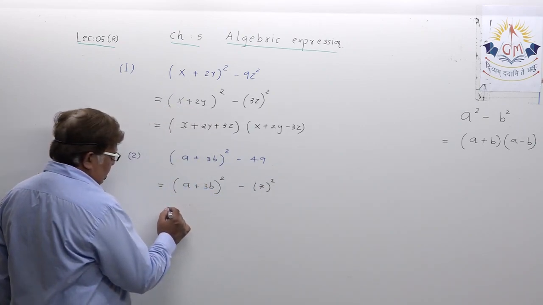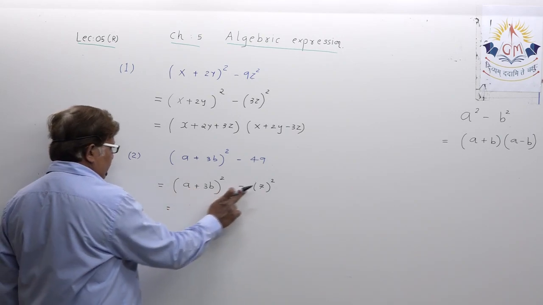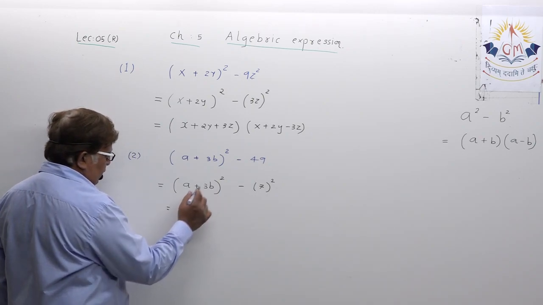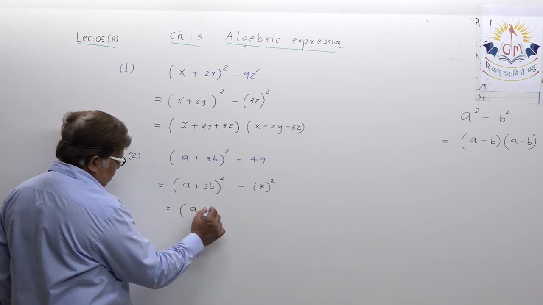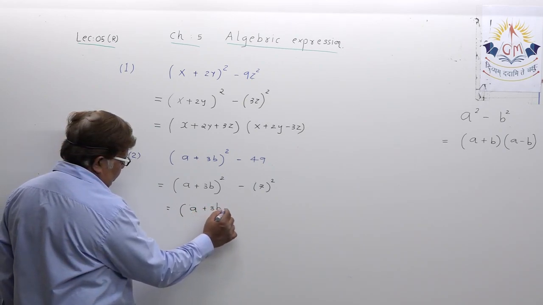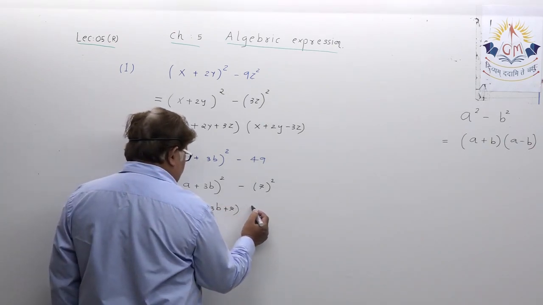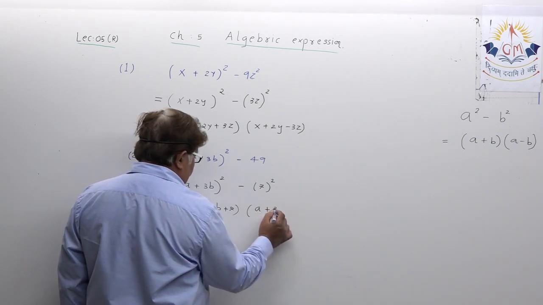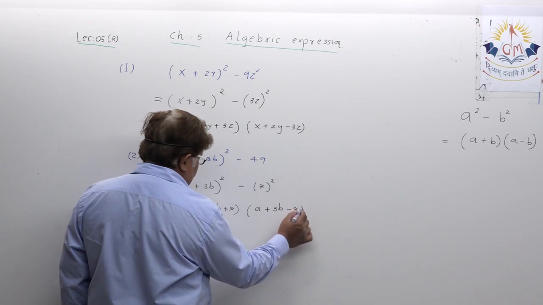Okay. You will consider this as A, this as B. So A plus B, A plus 3B plus 7, A minus B, A plus 3B minus 7.